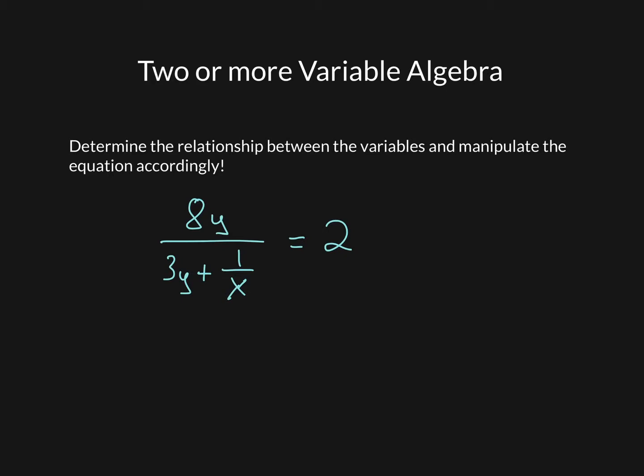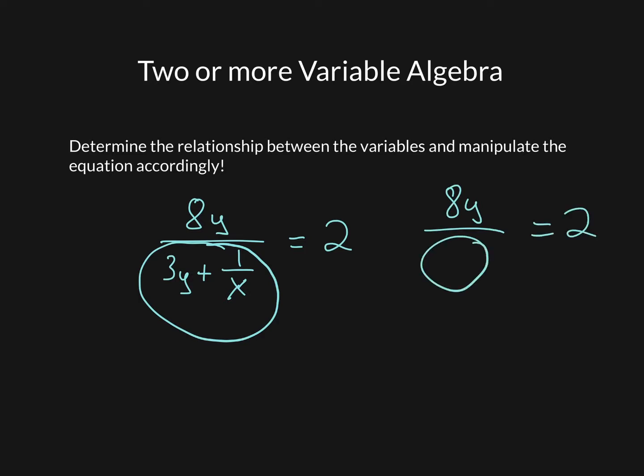Well, without having to do a lot of math and spend a lot of time on a problem like this, we can try to just substitute this entire piece with another term. What do I mean? Well, 8y divided by what gives me 2?